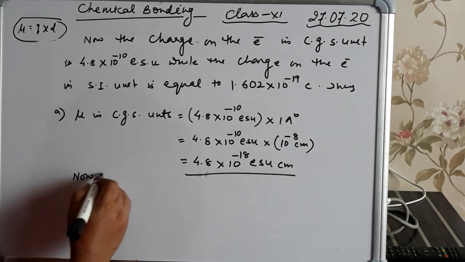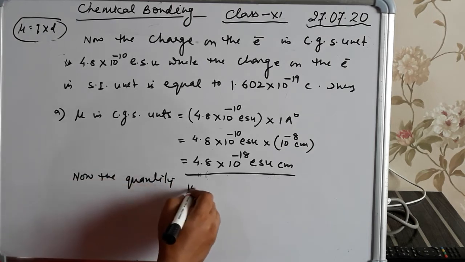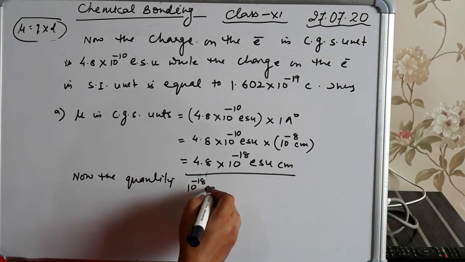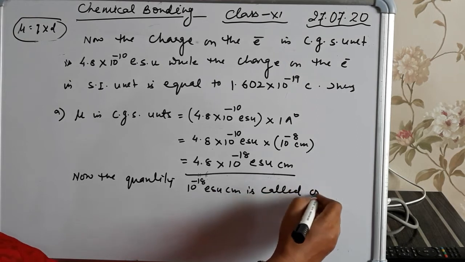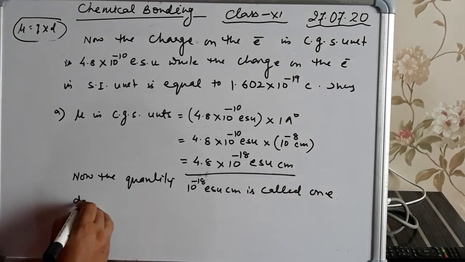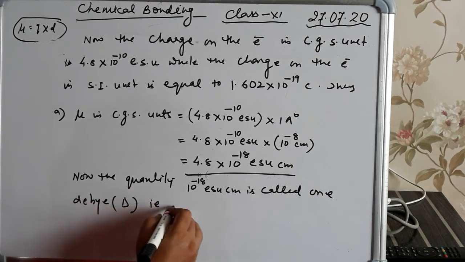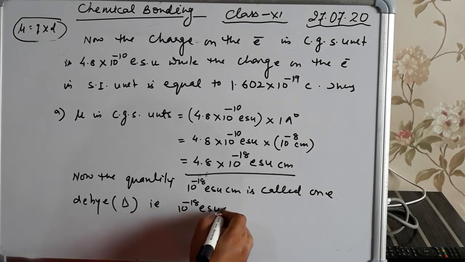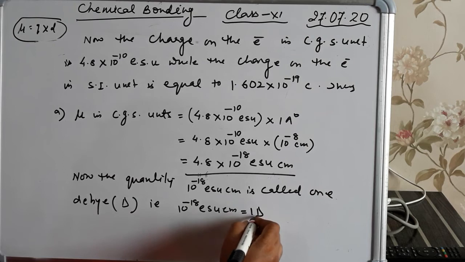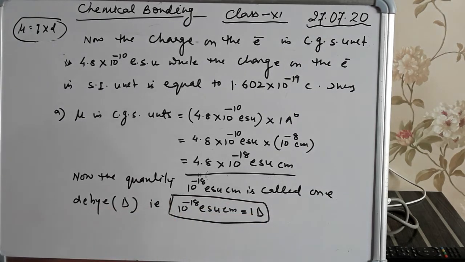Now the quantity that is 10 to the power minus 18 electrostatic unit cm is called 1 debye, that is D. So the value of 1 debye equals 10 to the power minus 18 ESU cm.